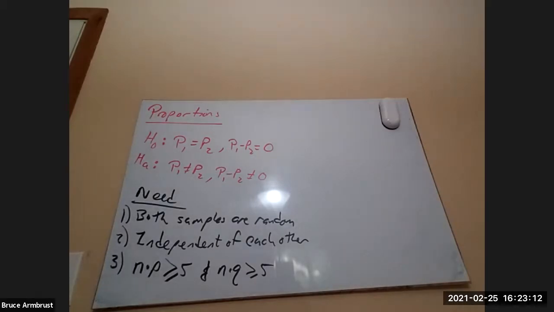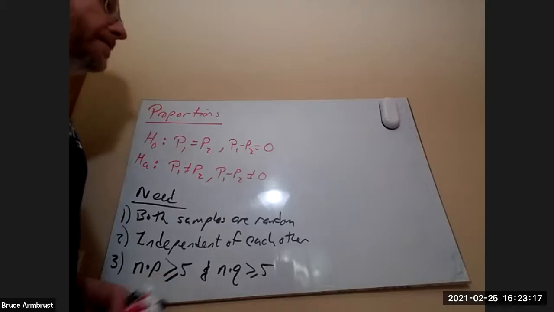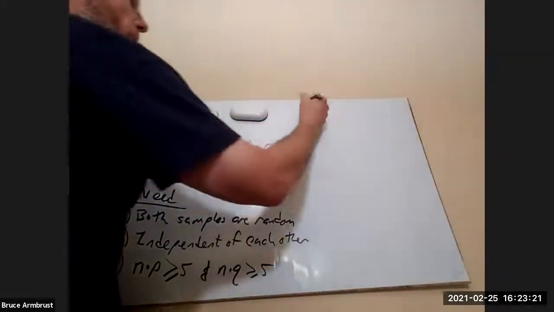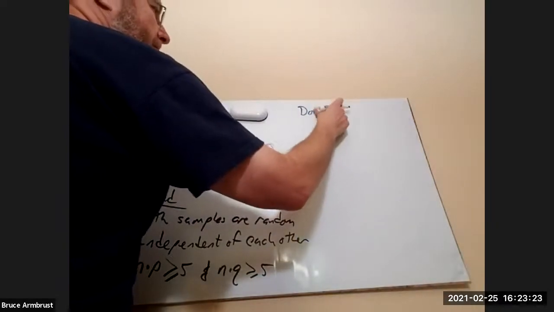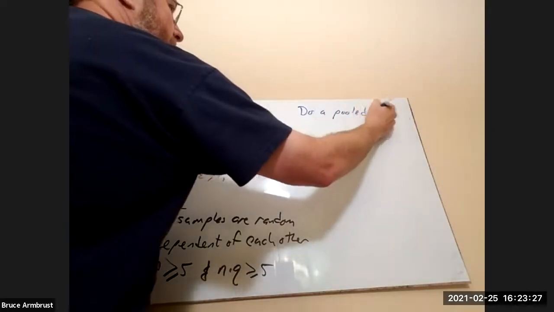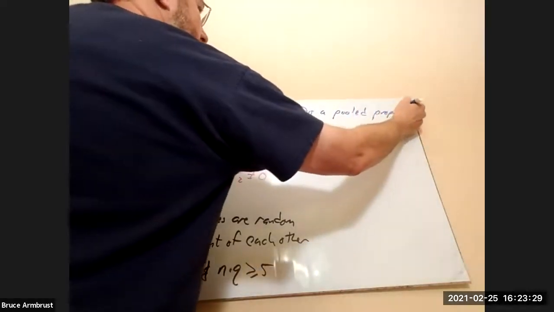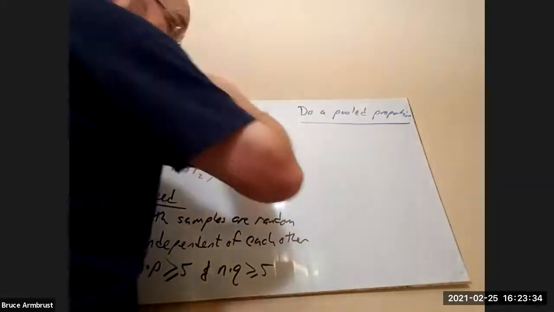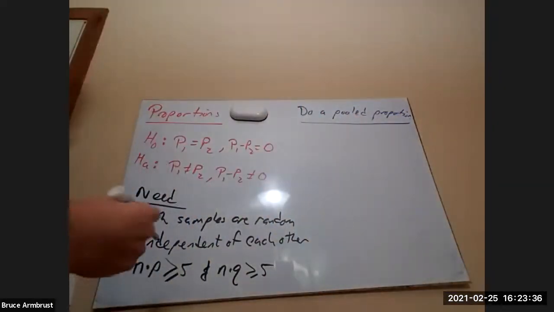All right, so when we have this, what we actually do is a pooled proportion. Now, this isn't going to actually matter to us because we're going to have the technology deal with it for us.